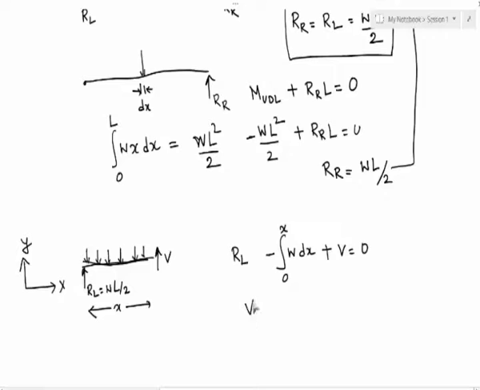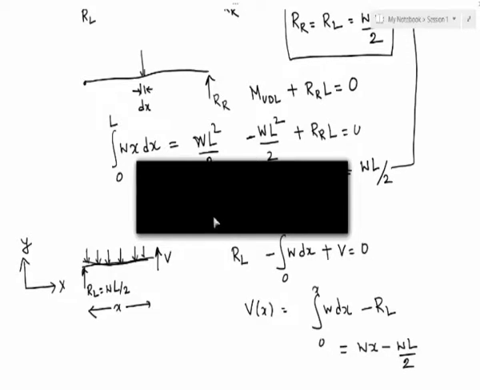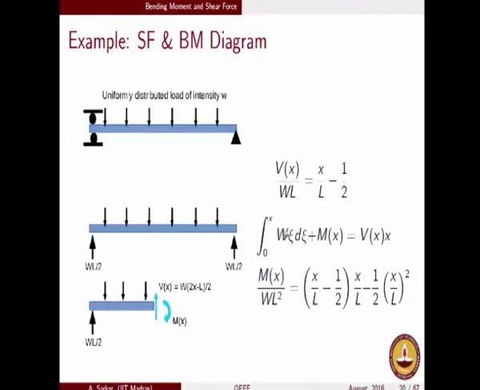right, which means V of x should be integral W dx 0 to x minus RL, and that comes out as Wx minus WL by 2, right. So that is what I would have written in my slide as the final answer.